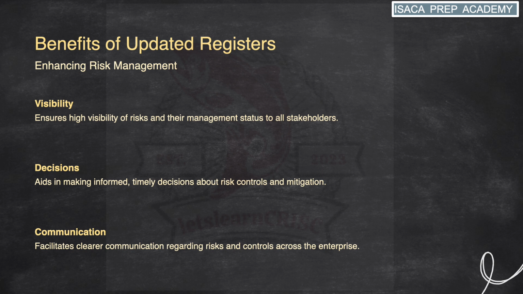Furthermore, clear communication helps build trust and confidence among stakeholders, as they can see that the organization values openness and accountability in its risk management practices. Ultimately, by facilitating clearer communication regarding risk and controls across the enterprise.